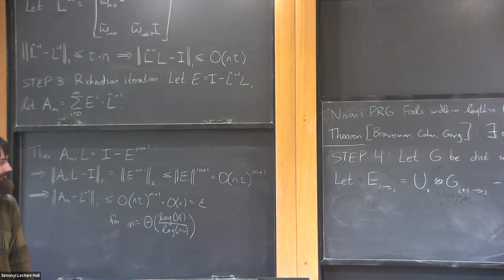Right. And you've said, I started with some PRG and now I'm doing some calculation with matrices, and in the matrix world, I know how to reduce the norm using Richardson iterations.